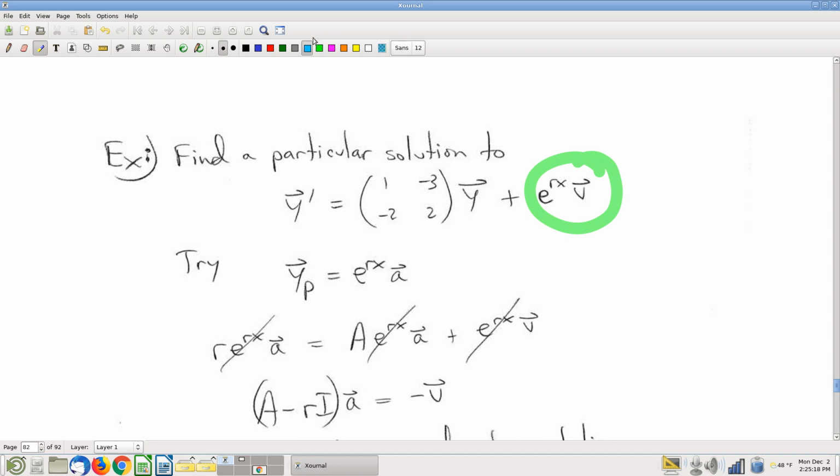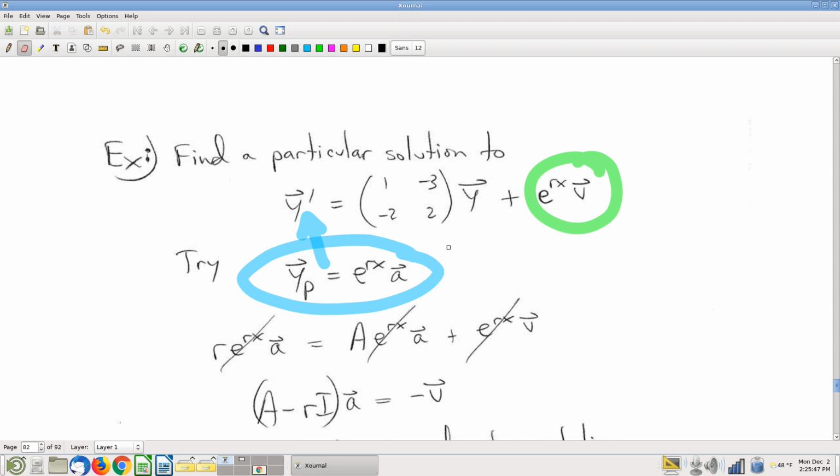I mean, if I have something like this, e to the rx times some vector, multiplying it by a matrix will give me e to the rx times some vector. Taking its derivative will give me e to the rx times some vector. When I subtract those two vectors, I'm going to get some vector, and you can see how it seems kind of plausible that I ought to be able to make that vector v by fiddling around with it accordingly.